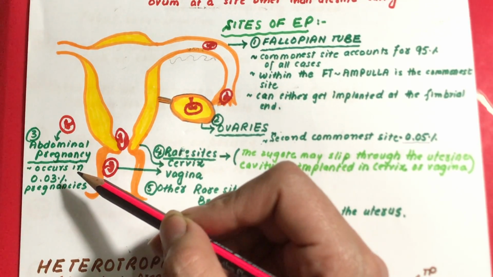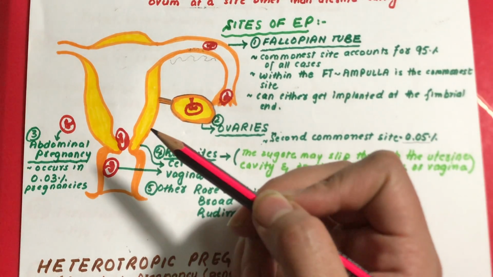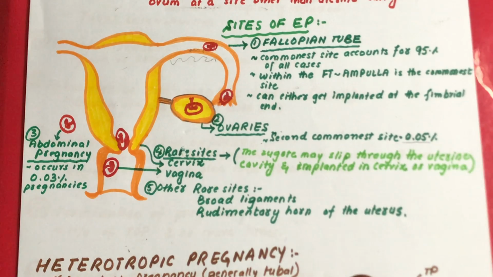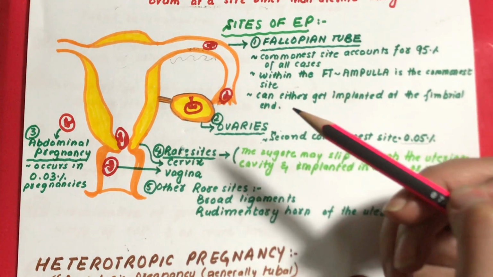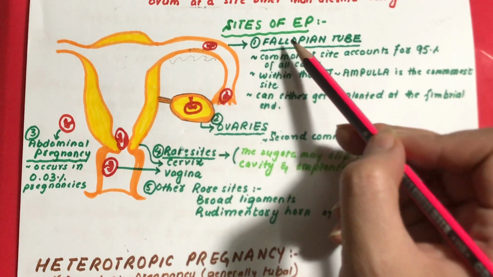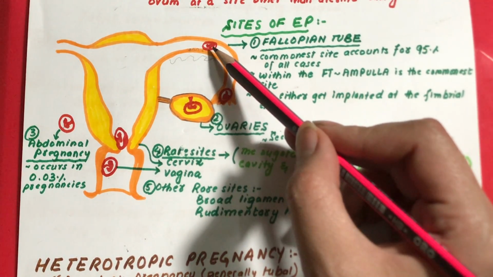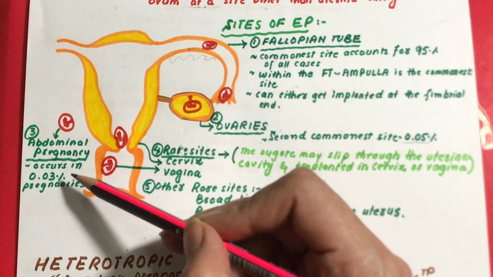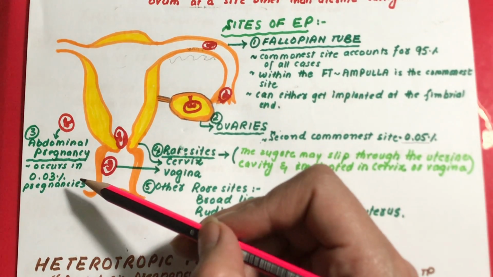And it may fall out of the peritoneal cavity, leading to tubal abortion. Okay, so these are the sites which I have told you. In the fallopian tube, the ampullary region is the commonest, then it may occur in the fimbria, then abdominal pregnancy.